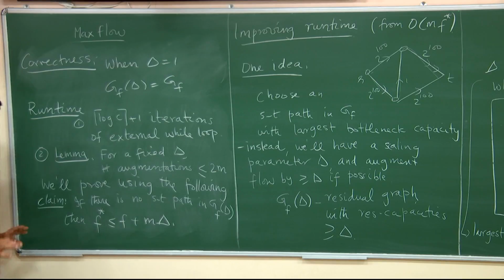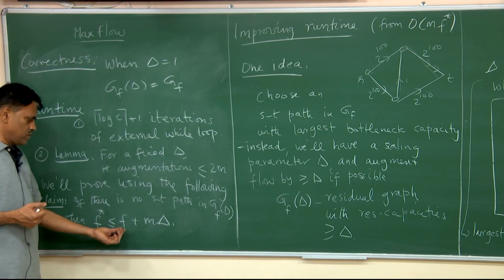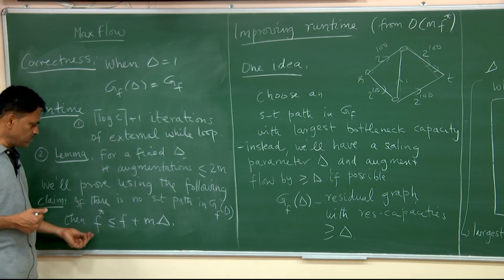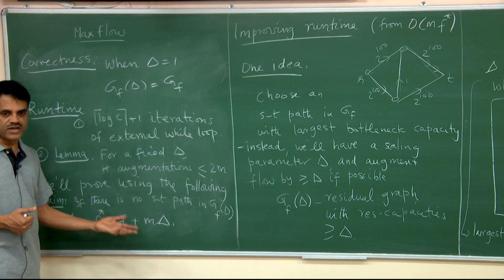So you are at the current flow, and you found out that in your G_f delta, for a fixed delta, there is no s-t path. And I claim then that, at this flow, the maximum flow is never more than m times delta away.